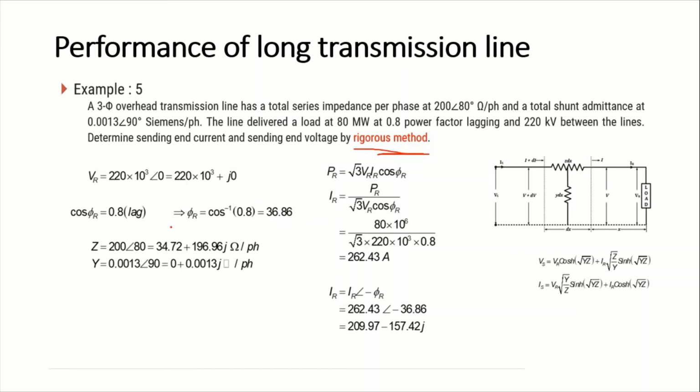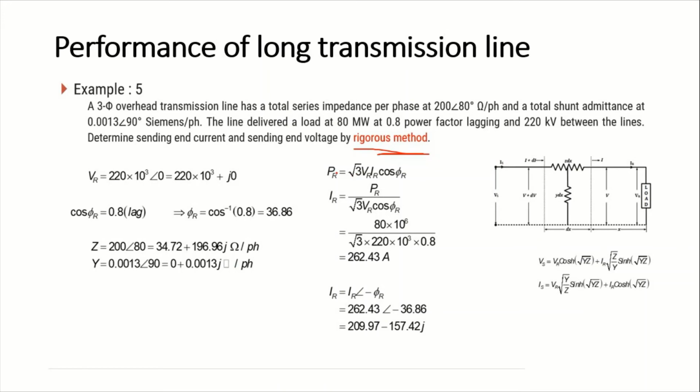Now impedance is given as 200 angle 80. We can convert it into rectangular form and we get 34.72 plus j196.96 ohm per phase. And now admittance Y is given as 0.0013 angle 90. It can be converted into rectangular form, and its value is j0.0013 Siemens per phase.